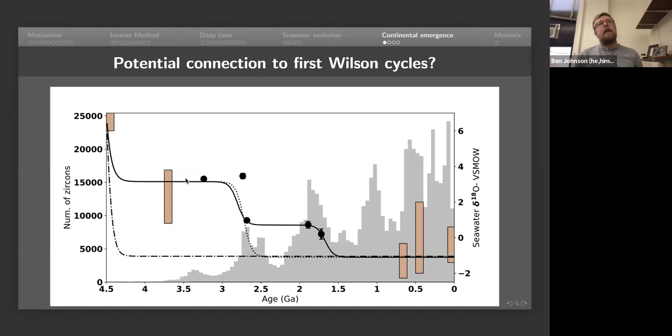You first see the first widespread passive margin deposits at about 2.7 billion years ago. And I know there are certainly examples of subaerial settings in the Archean. There's just not enough available material to weather to affect the ocean's δ18O value.